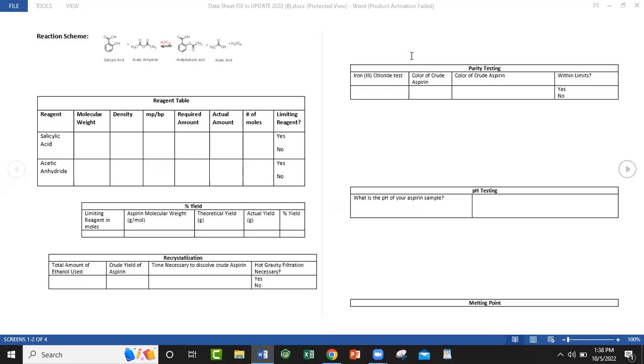It was, oh wait, hold on. The most 0.05, 105. And which one was limiting? Was it acetic anhydride or salicylic acid? Salicylic acid. Okay, thank you. I'll put that in the chat. I appreciate that.